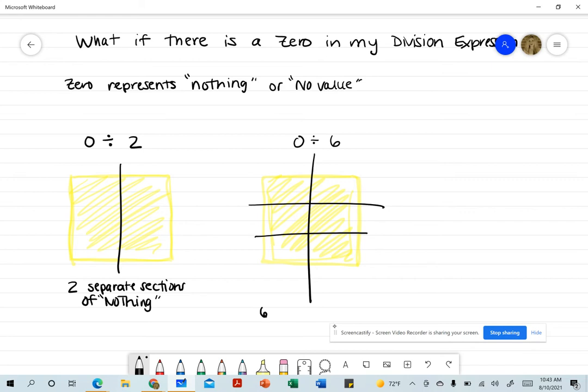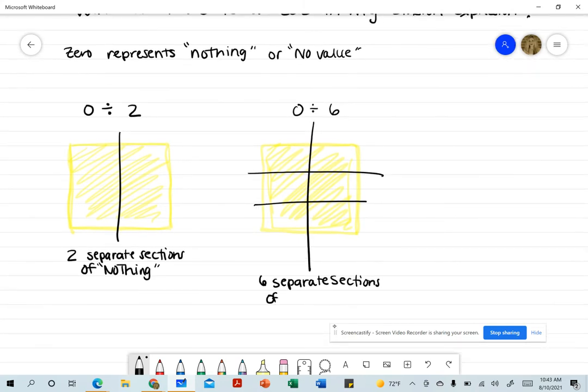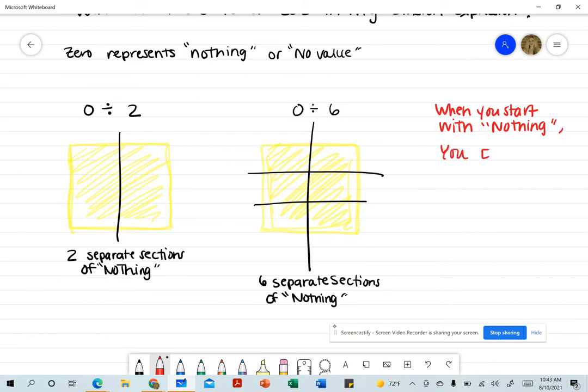I still have 6 separate sections of nothing. So I hope we're seeing a pattern here. And the pattern is when you start with nothing, you end with nothing.